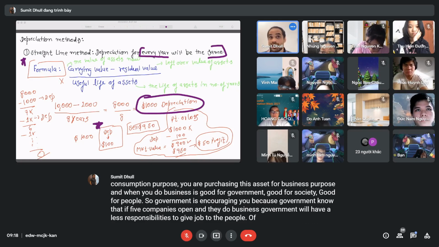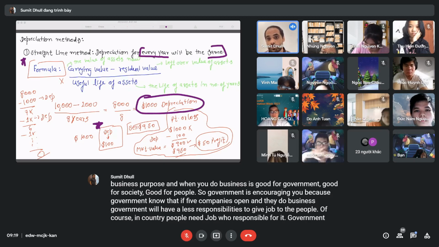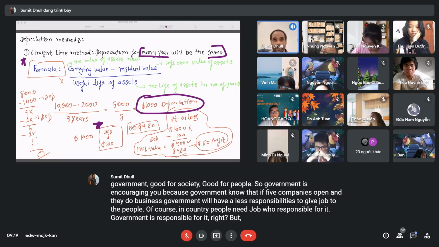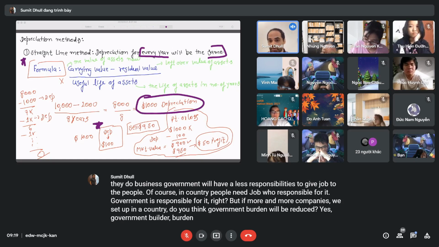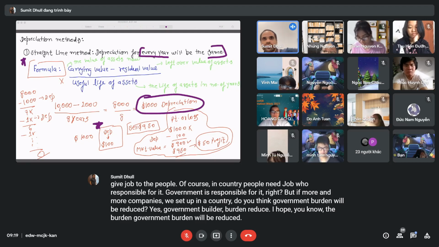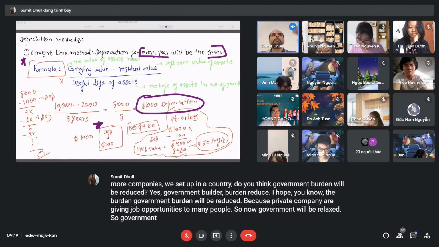Of course, in a country, people need jobs. Who is responsible for it? The government. But if more and more companies are set up in a country, do you think the government's burden will be reduced? Yes, the government's burden will be reduced because private companies are giving job opportunities to many people. So now the government will be relaxed. So the government encourages companies to open more and more businesses.